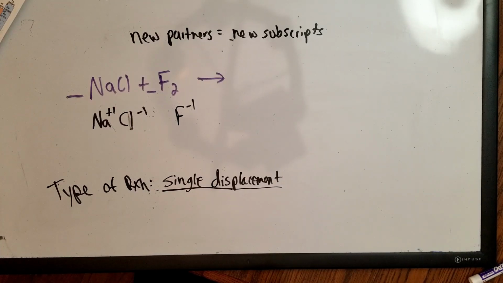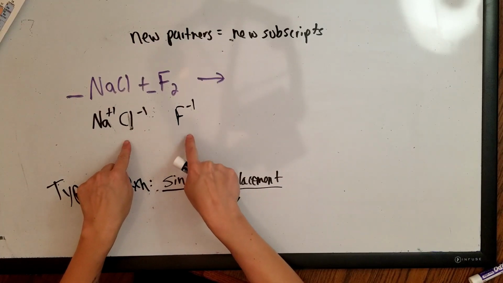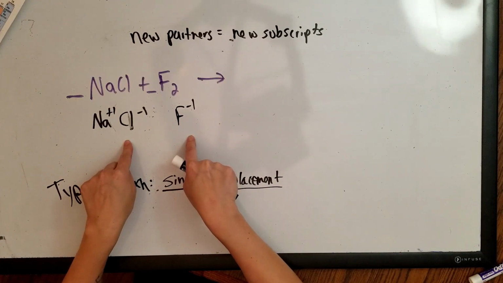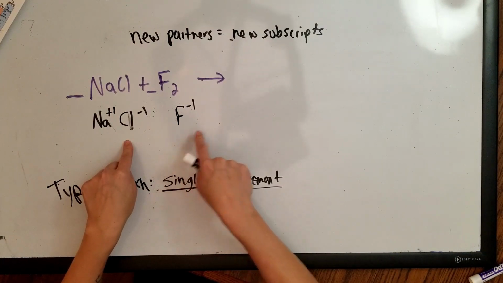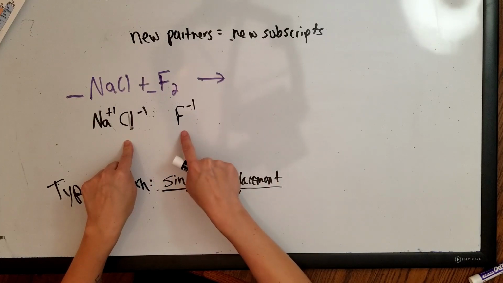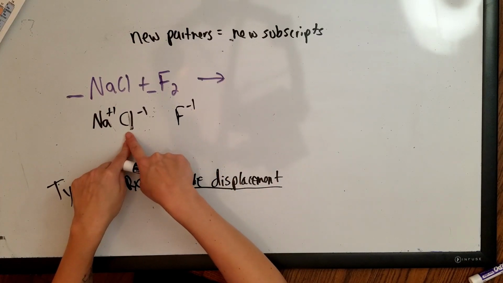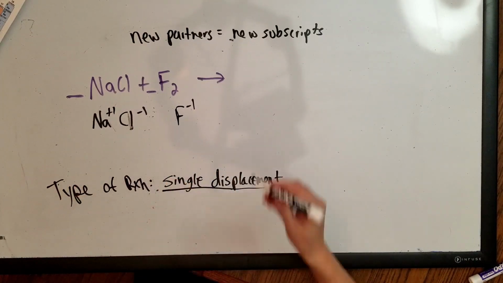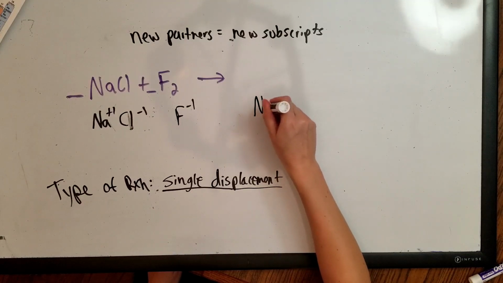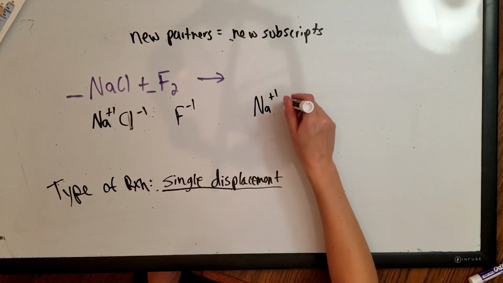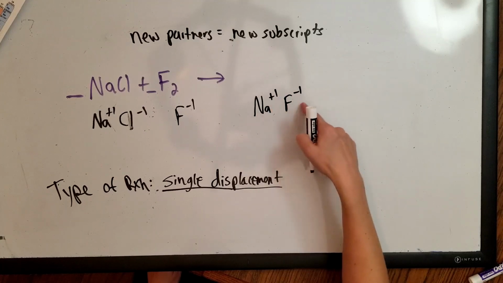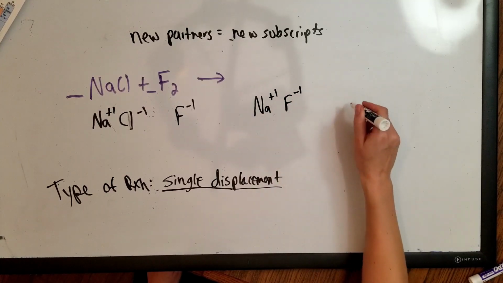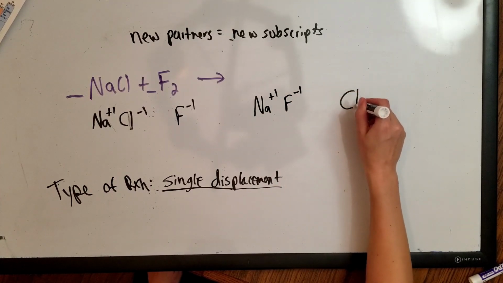All right, so this time it's the anions that are changing places. So my product over here, fluorine, is going to take the place of chlorine. So then I have sodium with fluorine, because we need positives and negatives together. And then chlorine now is going to be by itself.